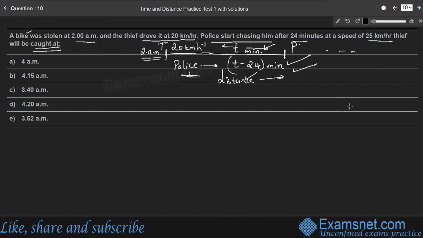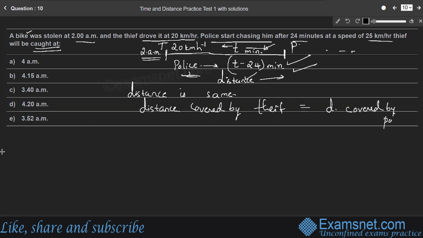So at what time will the thief be caught, right? For that, since distance is the same, distance covered by thief and police is the same. Therefore, distance covered by thief is equal to distance covered by police.